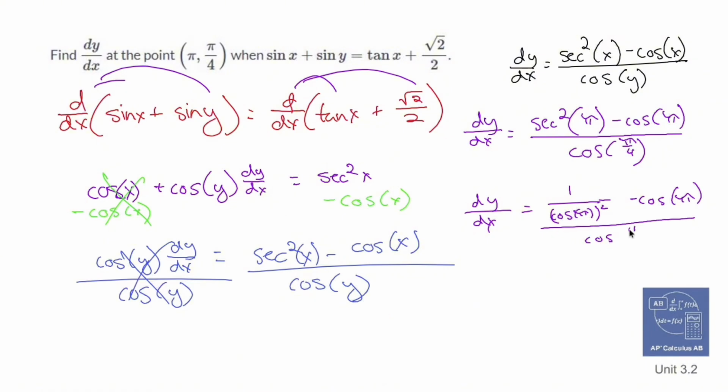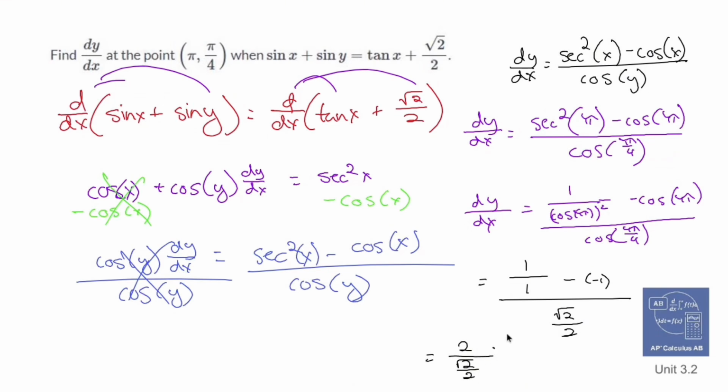We know what cos pi is. Cos pi is -1. So this is going to end up being 1 over (-1) squared, which is 1, minus -1, all over cos of pi over 4, which is root 2 over 2. So that gives me 1 minus -1 is 2, over root 2 over 2.